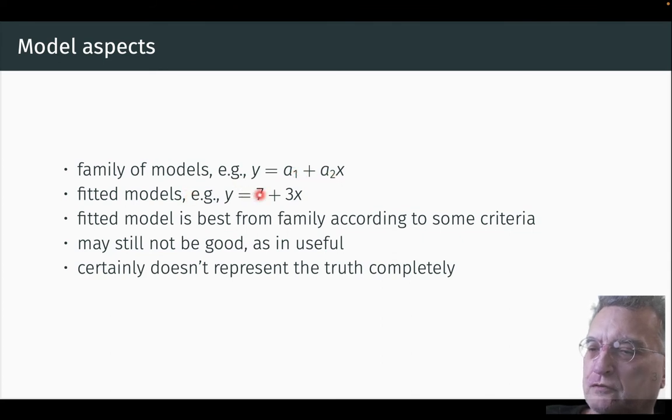Fitted models, which have a number in place of this parameter. And the fitted model is usually the best model from some family of models according to some criteria. So we generally use the least squares criteria, and the best model that we can come up with may not be useful, so we have to evaluate the model. And a model is always a reduction of the truth into simpler terms.